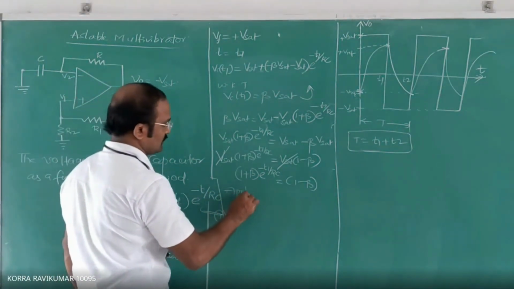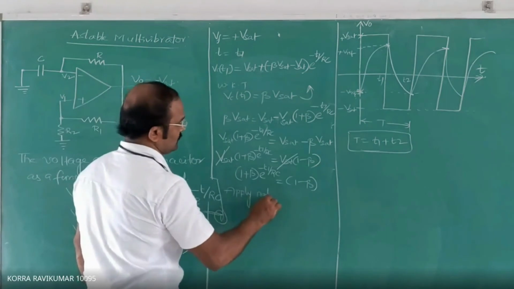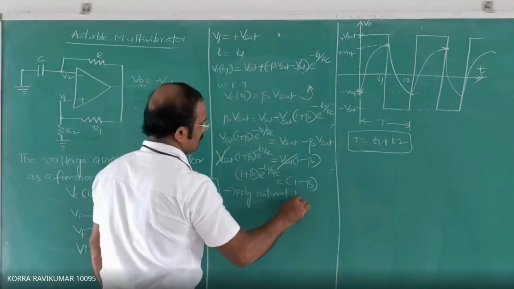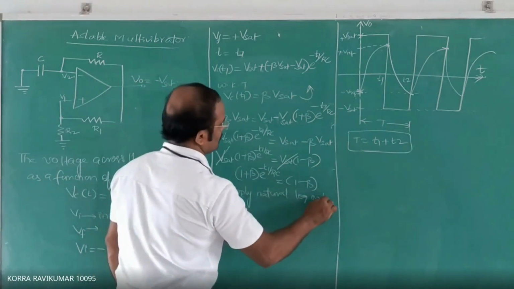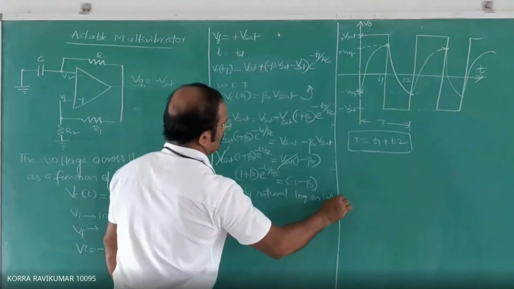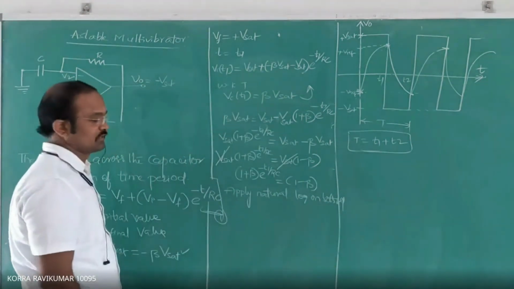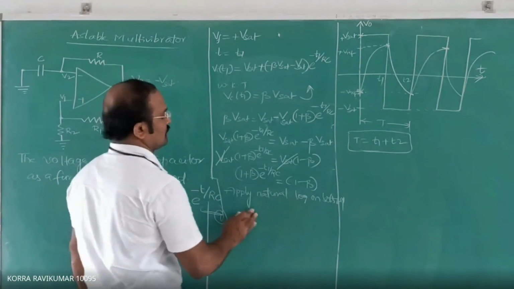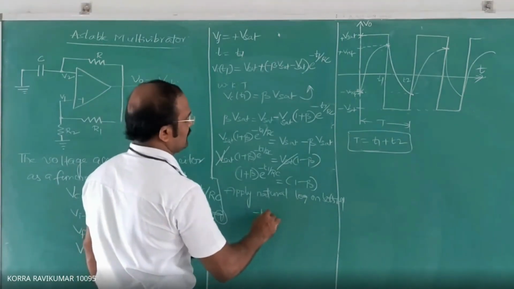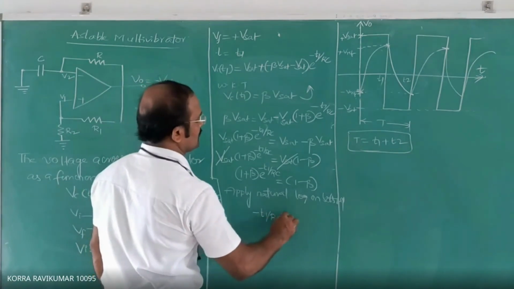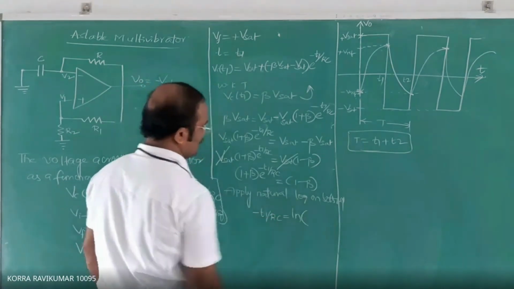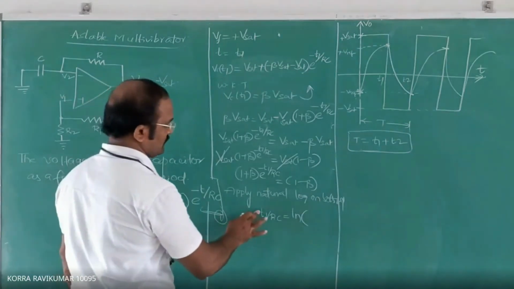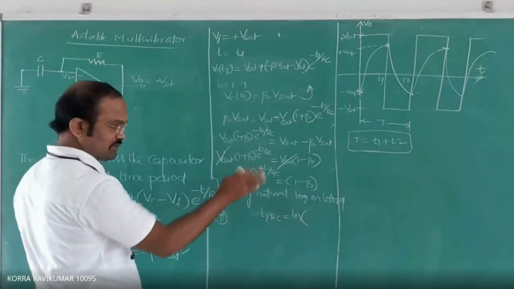Apply natural logarithm on both sides. Then the expression becomes minus T1 by RC is equal to natural logarithm of, sorry, T1 by RC, just reverse it.